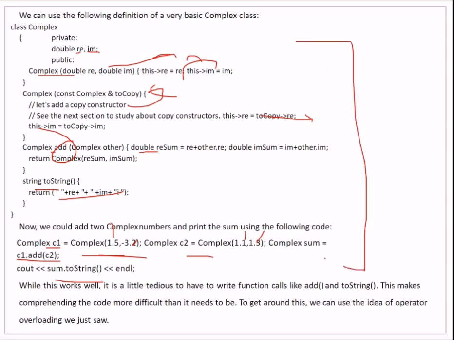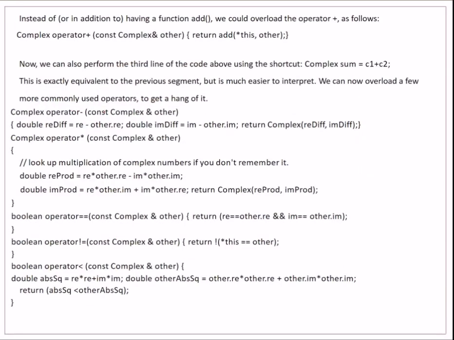It's looking good, but it's got some tediousness. Why? You want to call add and toString, and this makes understanding the code somewhat difficult. To work this out, we can use the idea of operator overloading we just saw.